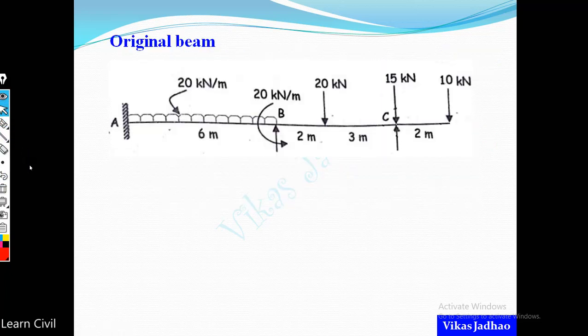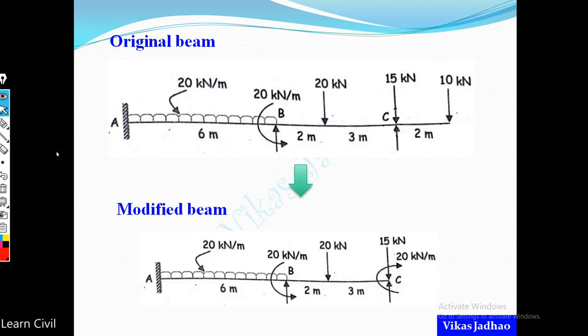Now this is our original beam. Now for this particular overhanging portion CD, we can convert this overhanging portion in a moment which will be acting at joint C. It will be a clockwise moment which will be acting at joint C by replacing the CD portion. So the modified beam will be something like this.